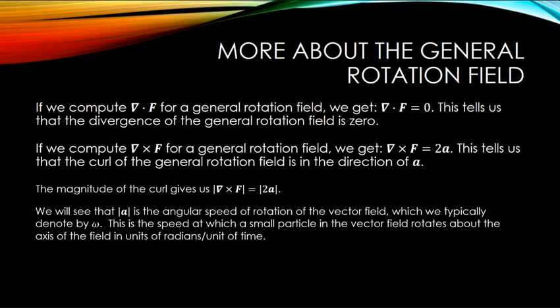This is the speed at which a small particle in the vector field rotates about the axis of the field in units of radians per unit of time. So the magnitude of del cross F is equal to 2 times the magnitude of A, which gives me the constant angular speed of rotation, omega, is equal to 1/2 the magnitude of del cross F.